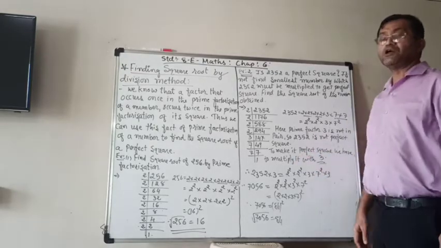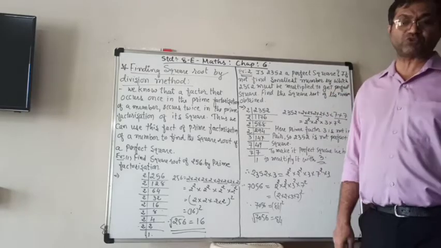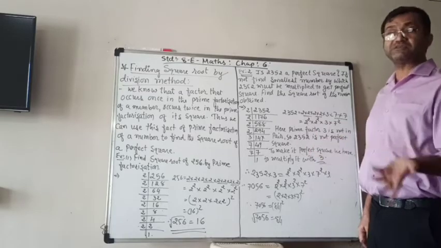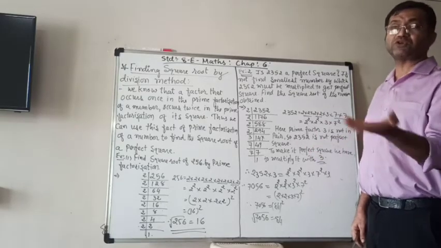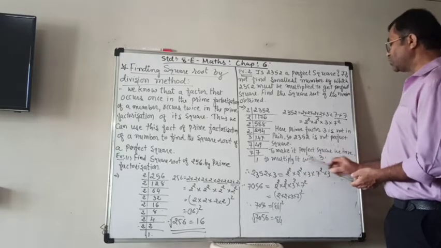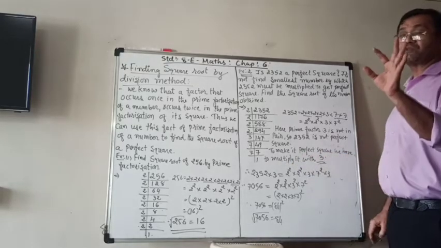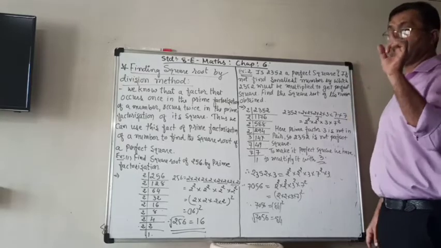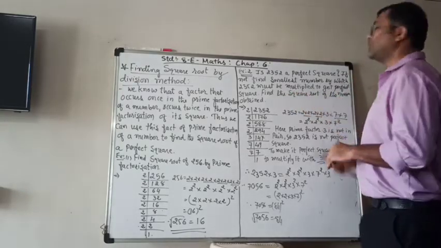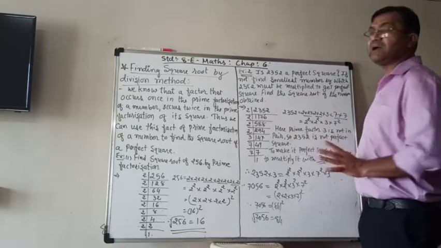So now if I want to make it a perfect square, what should I do? I must make that 3 a pair. It means I have to multiply it by 3. So to make it a perfect square, we have to multiply it by 3. But before we go forward, let me tell you that sometimes it may be asked that the number must be divided. Then we have to divide by 3.